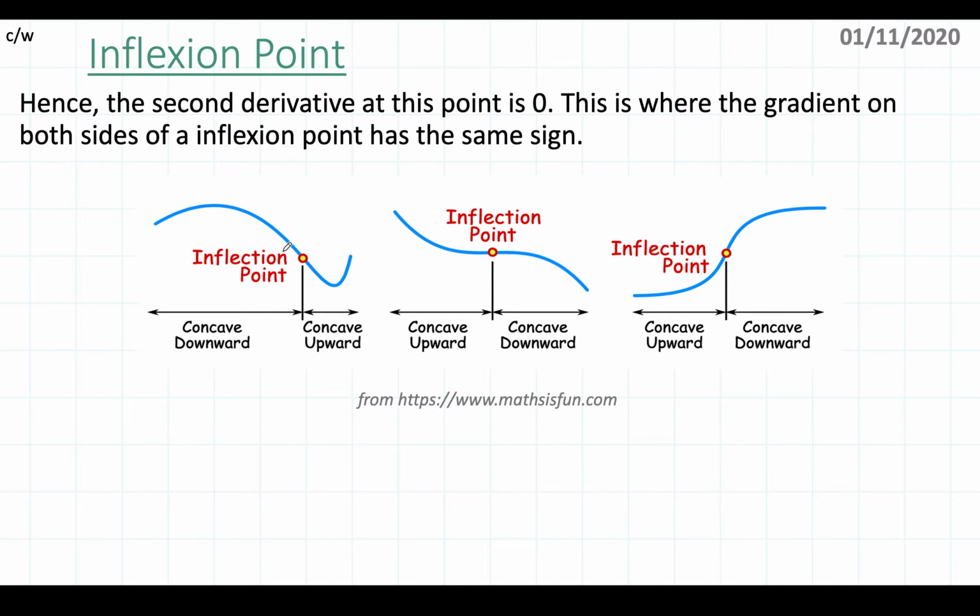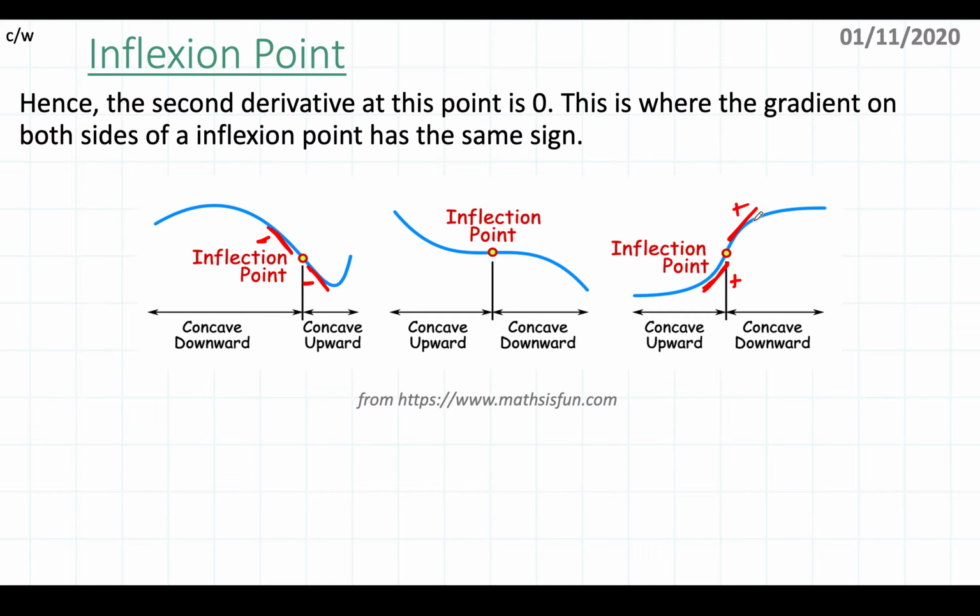So the concavity changes, but the gradient doesn't change. If I do a tangent on my curve, both of them will have a negative gradient. As you can see, it's negative here. What about this one? This will be positive and this will be positive. The sign stays the same between them.